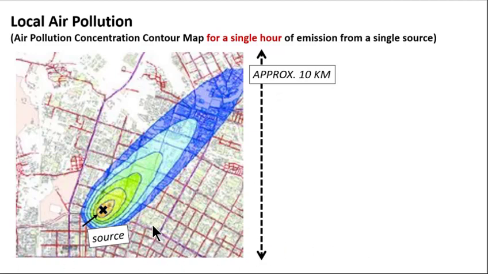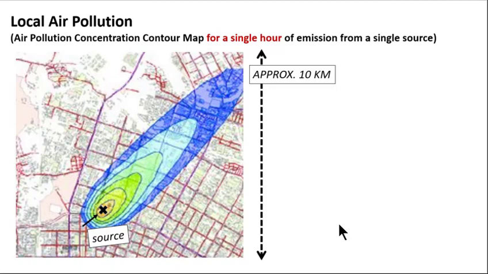The shadings on the map depict concentrations of air pollutants emitted from the source over the hour, with different shading colors indicating varying ranges of concentrations, decreasing with distance from the source, from higher values in orange, near the source, to lower values in blue, further away from the source.